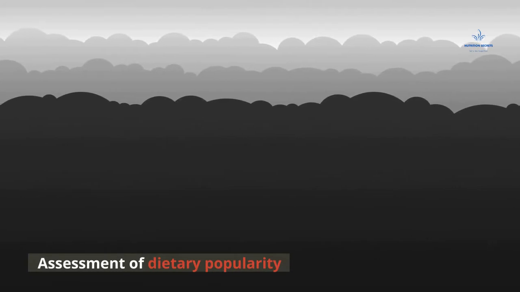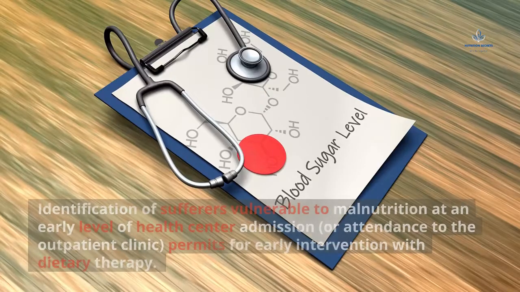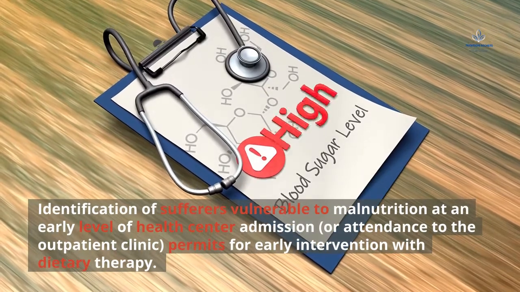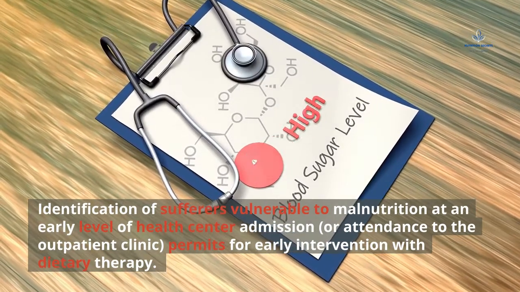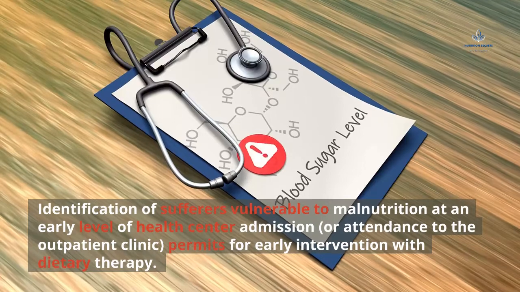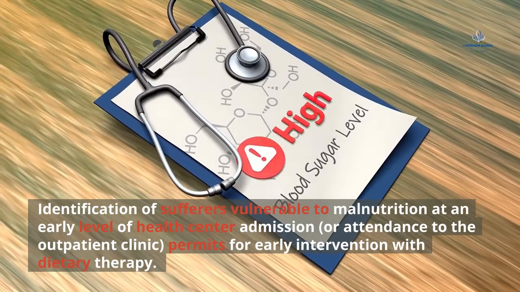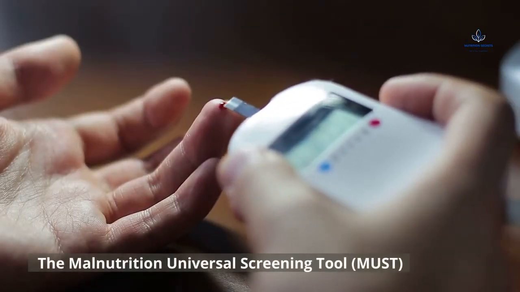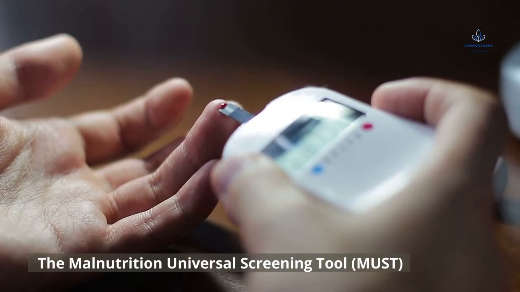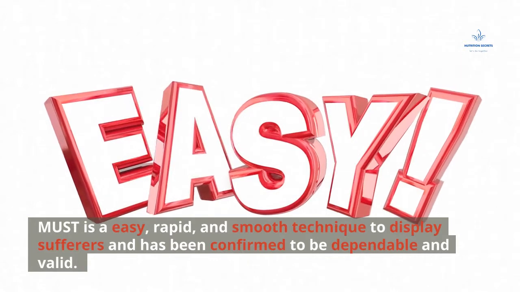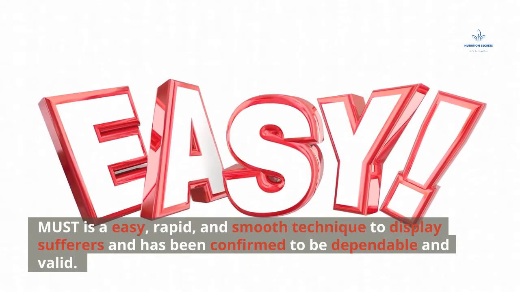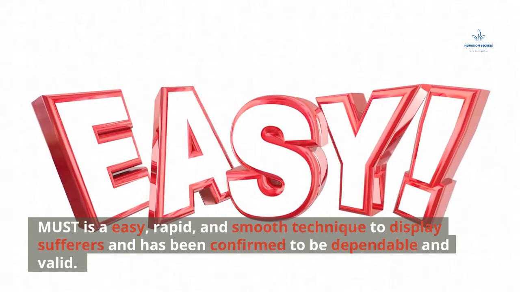Assessment of nutritional status. Identification of patients at risk of malnutrition at an early stage of hospital admission, or attendance to the outpatient clinic, allows for early intervention with nutritional therapy. The Malnutrition Universal Screening Tool, MUST. MUST is a simple, rapid, and easy method to screen patients and has been proven to be reliable and valid.